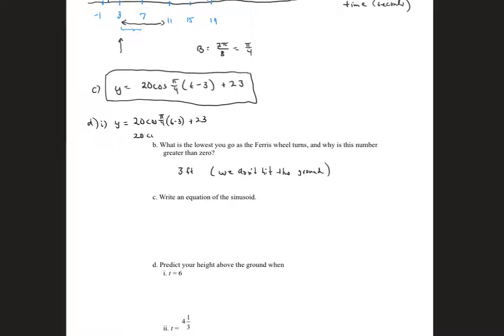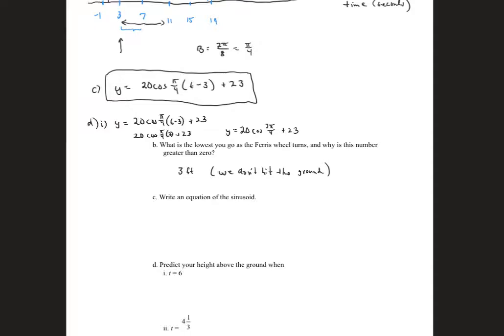We are going to have to go to our calculator for this one. So that's going to be y equals 20 cosine of 3 pi over 4 plus 23.